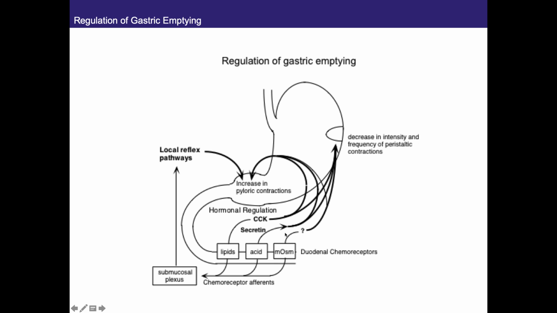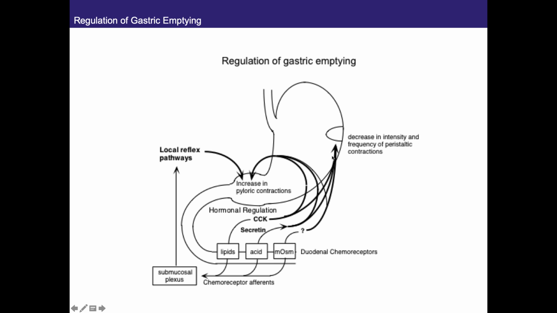These acid sensing cells are called S cells. It makes sense because they secrete a hormone called secretin. Also decreases gastric emptying. And then these osmoreceptors are also feeding back. Not sure what hormone that is, but it also decreases gastric emptying.